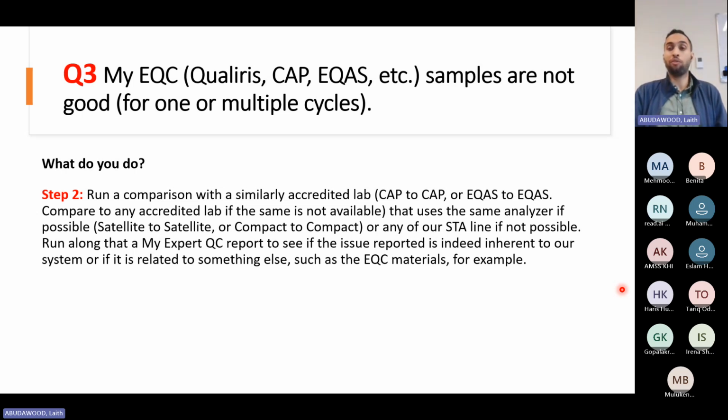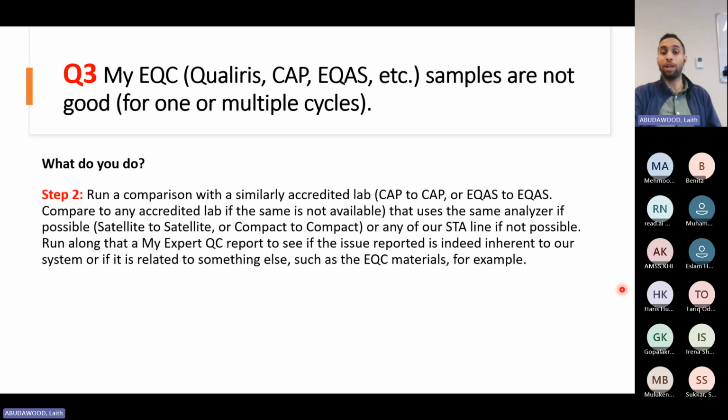You can also run on top of that a comparison using patient samples. Now, what's the goal of that? If I have another lab, let's say lab B, that also runs CAP, and lab B has perfect results with PT, I know that lab B's performance is very good, so I can use them as a reference. When I run a comparison between lab A and lab B, both of them using CAP samples, and the comparison comes out perfect, there's almost no difference between the patient results.